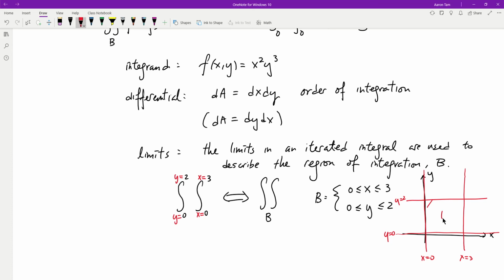And therefore now I can say that B must be this region right here, the gap between these four straight lines. Notice that B is what we call a rectangular region.